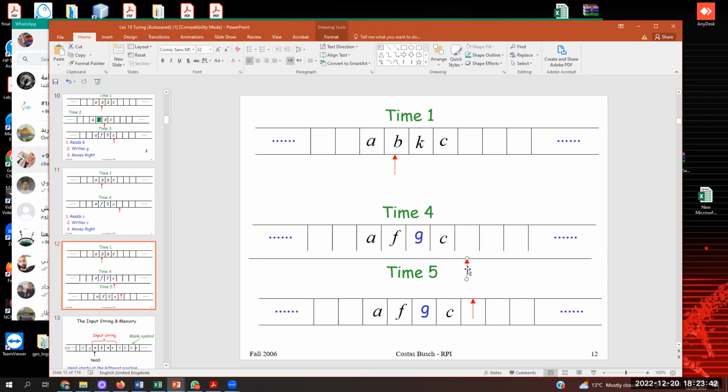That's where I was. So let's see now what I want to do. At time 5, I want to write a new item. I have A, F, G, C. I want to write K here. So I will say time 5.